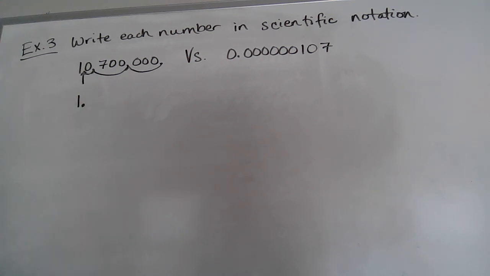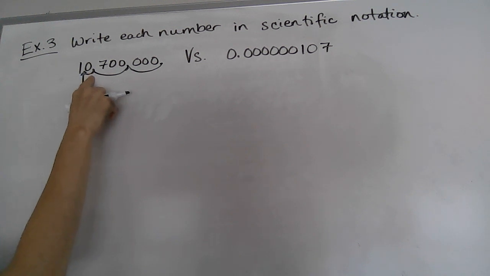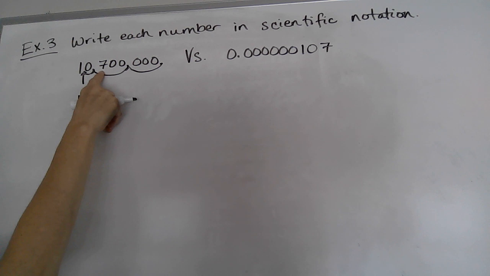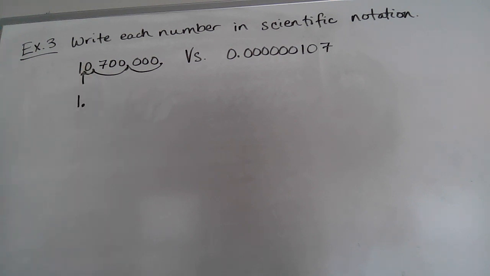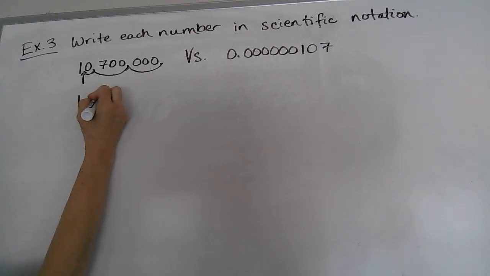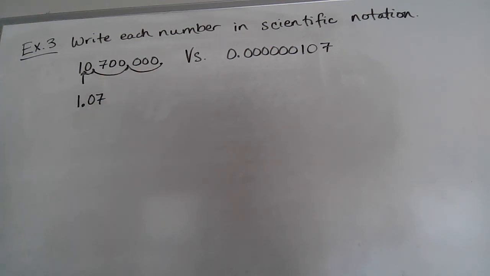So the decimal lands right here. Even though this is a 0, we do need to write it because we have another digit other than 0 that we need to represent. If we drop that 0, it changes the value of the original number compared to the number you're writing in scientific notation. So you write all the numbers that you have until you get to the remaining zeros, and then you can stop. So we need to write down 1.07.